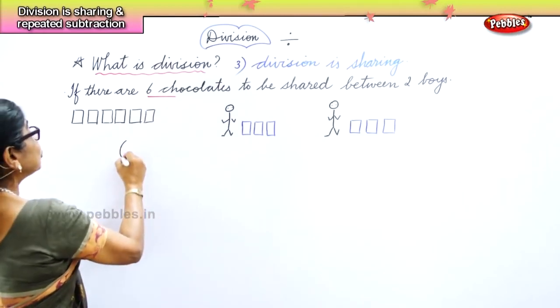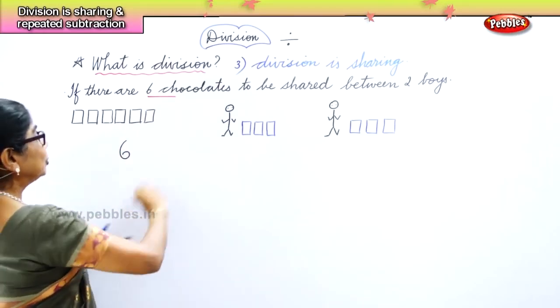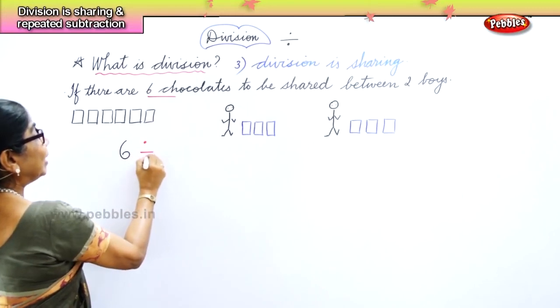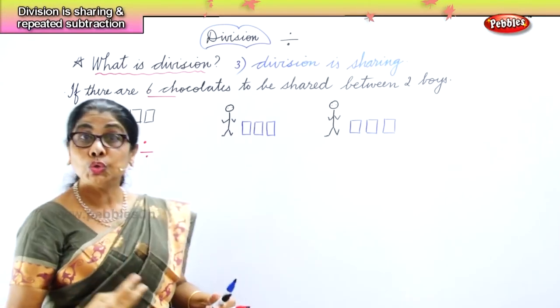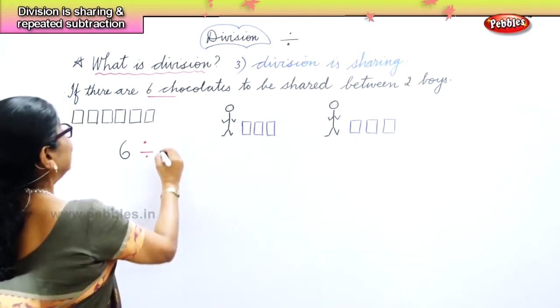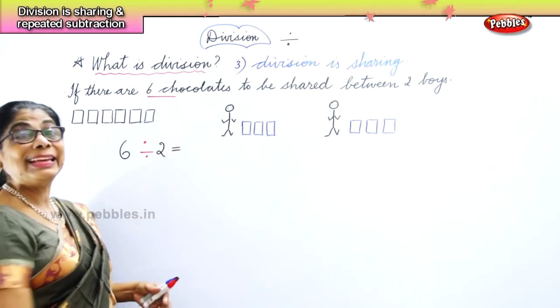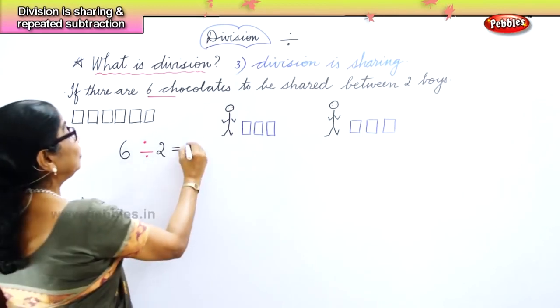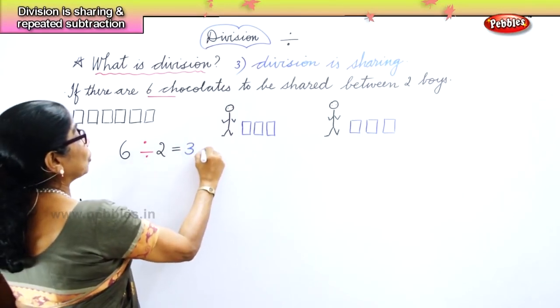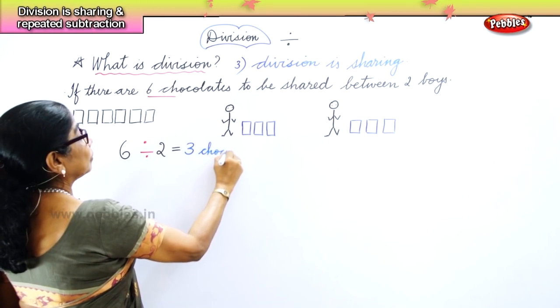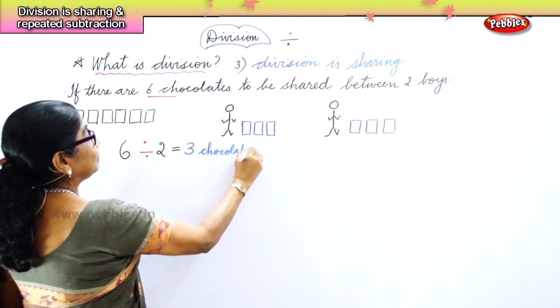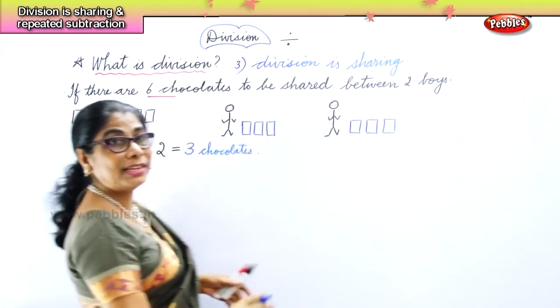We had 6 chocolates and the division sign to be divided between 2 boys. And how much does each get? Each gets 3 chocolates. 3 bits of chocolate. Alright? That is division is sharing.